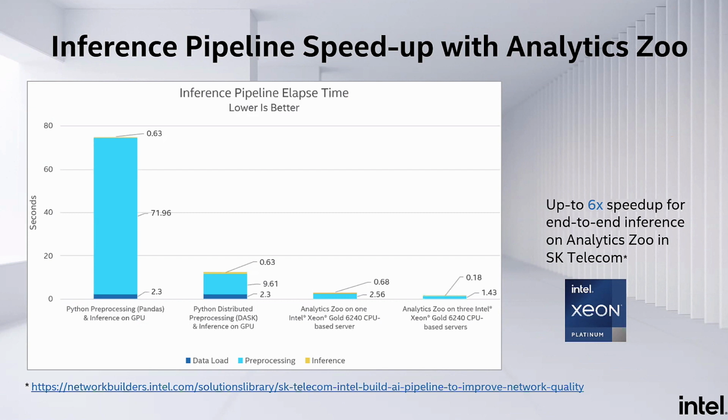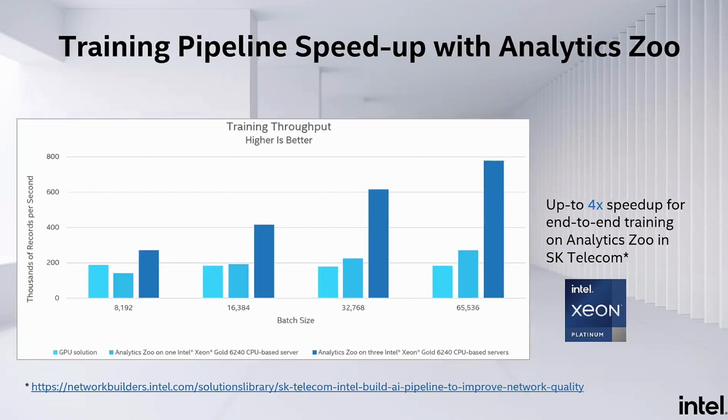This page is for training. On the training side, on a single node, you actually get competitive or comparable performance with your GPU training. But again, we seamlessly scale that out. You can get up to 4x speedup when we scale out to 3 Xeon servers.